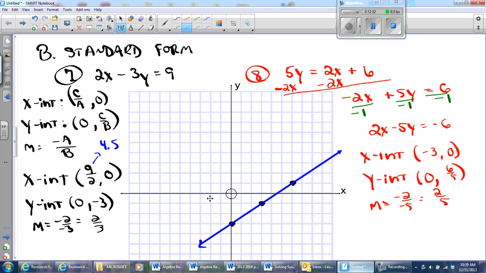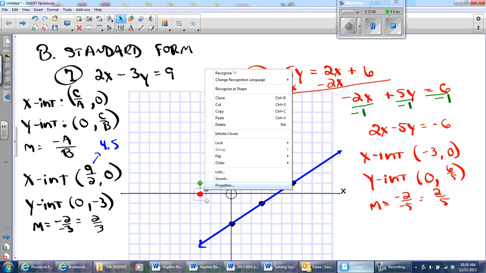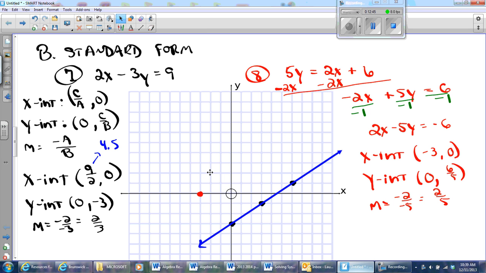All right, so x-intercept is at negative 3, so 1, 2, 3, right? And let me see, I'm going to rise 2 and run 5. 1, 2, 3, 4, 5. Good.